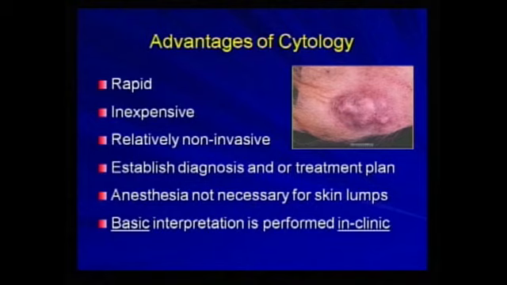Certainly there are invasive techniques associated with cytology, such as ultrasound guided fine needle aspirates, which we do in some of the abdominal viscera. And today, even fine needle aspirates of brain lesions are being performed at specialty centers around the country. But the vast majority of the ones we see are non-invasive techniques.